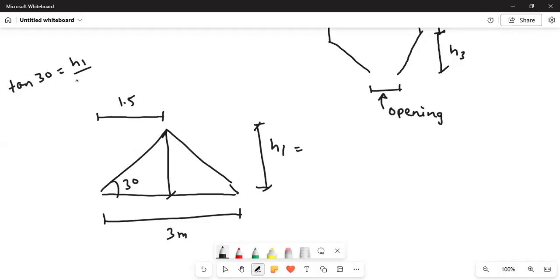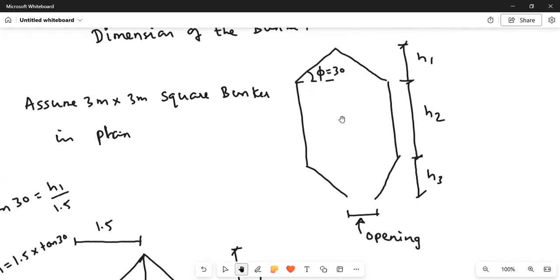What is adjacent? 1.5. Am I right? The adjacent of the triangle is 1.5. So H1 equals 1.5 tan 30, and you get H1 equal to 0.87. Am I right about this? Okay, so you got H1.